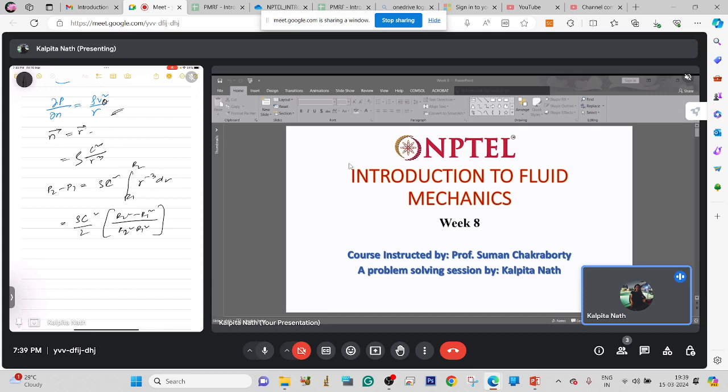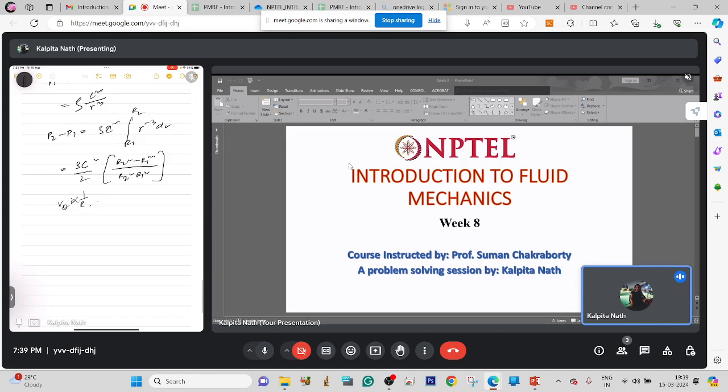But we do not know C, as V theta is a function of 1 upon R and C is just a constant. So to find C, we need the description of m dot, as m dot is given.